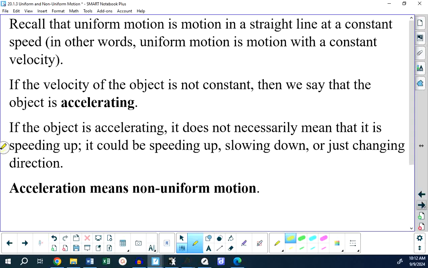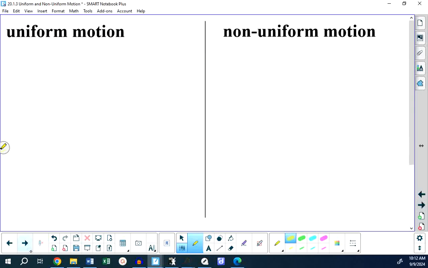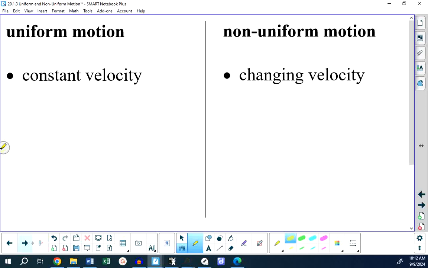So all acceleration means is non-uniform motion. Right? So uniform motion, and I don't even know that this is necessarily in your notes, I'm just trying to highlight the big picture here. Uniform motion is a constant velocity, whereas non-uniform motion is a changing velocity.